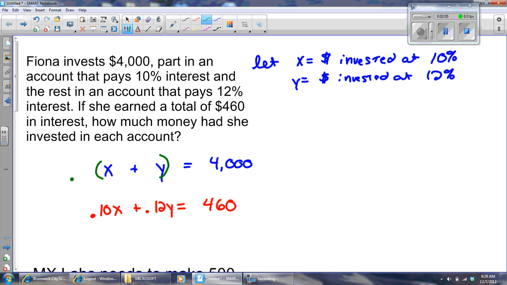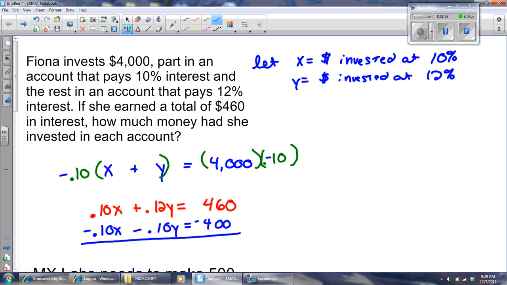I'm going to multiply by 0.10 on both sides, and that'll turn my blue equation into this. Oh, I should do it by a negative, shouldn't I? Yeah. So it'll give me negative 0.10x minus 0.10y, and that'll equal negative $400, right?